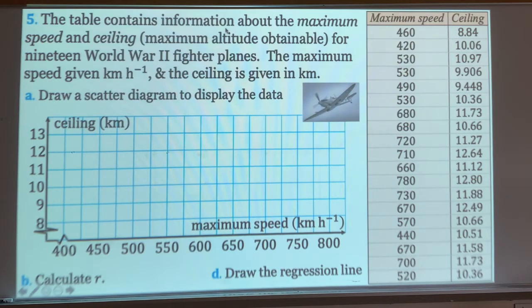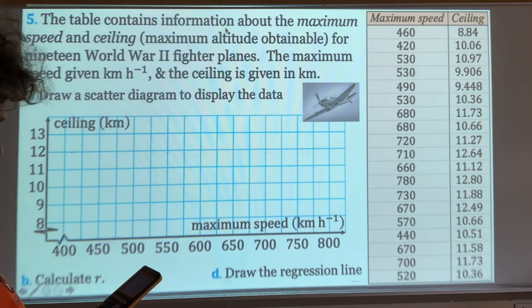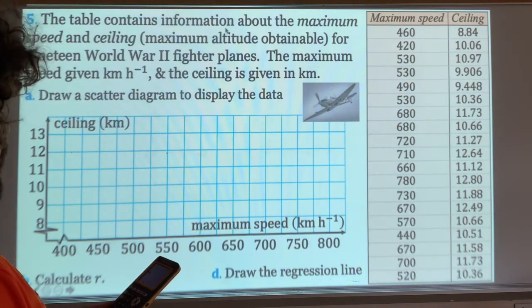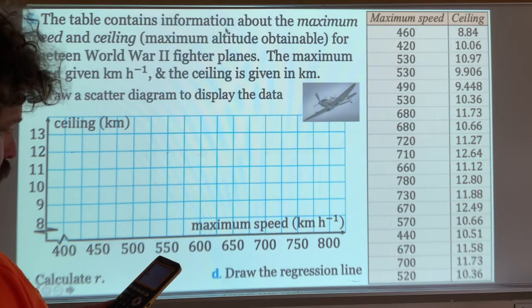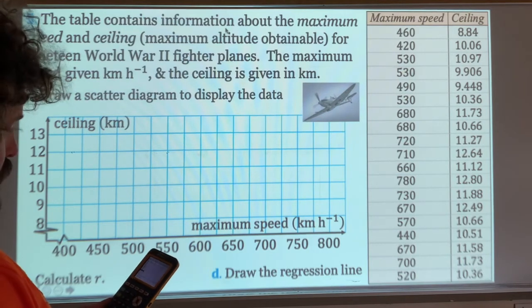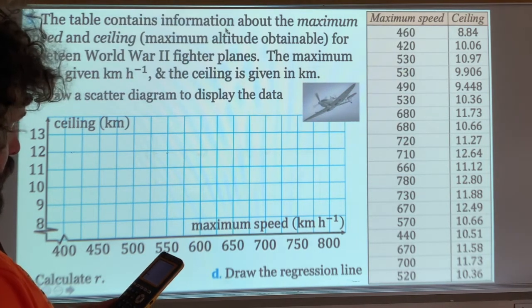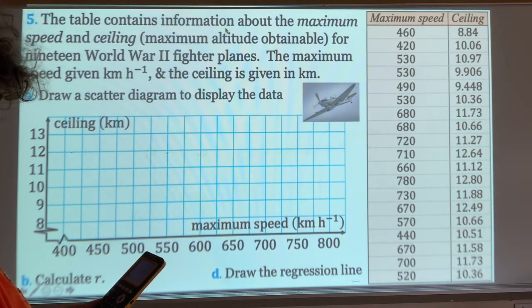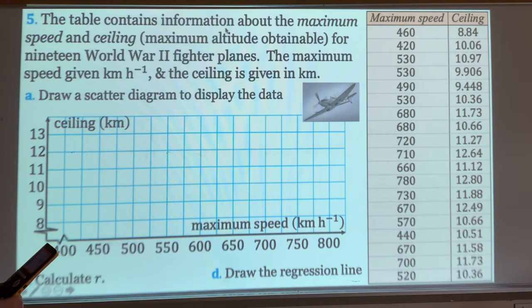Now I'm going to enter all my stuff in. Hopefully I didn't make another silly mistake, but this just shows you anyone can make mistakes, even your wonderful teacher. Drawing your scatter plot takes a little bit of time, but I would also enter in the stuff.